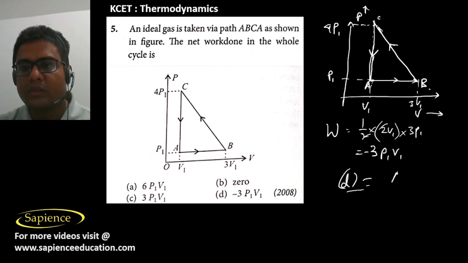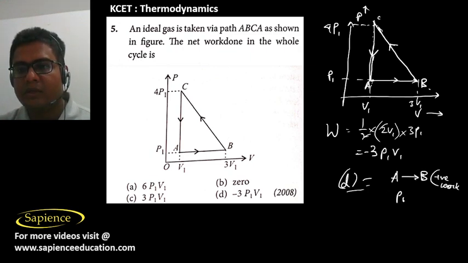Actually, here what is happening is that from A to B there is positive work done. The work done from A to B, W_AB, is equal to P1 into 2V1. And then from B to C there is negative work done.